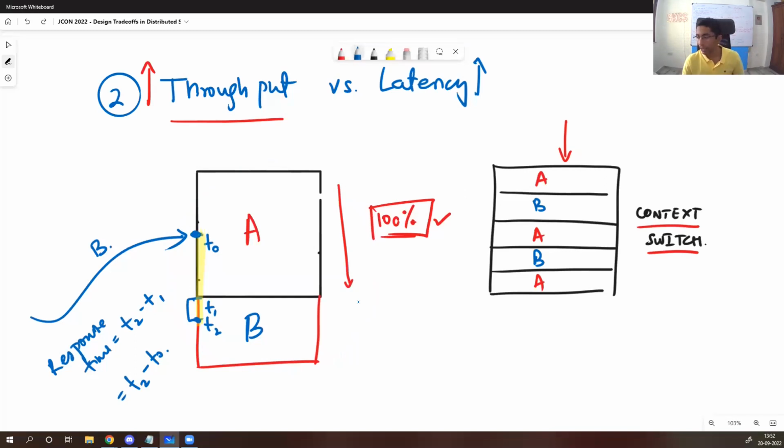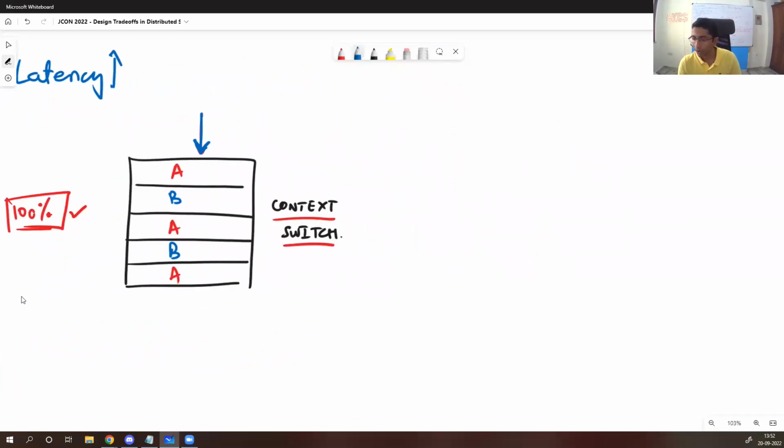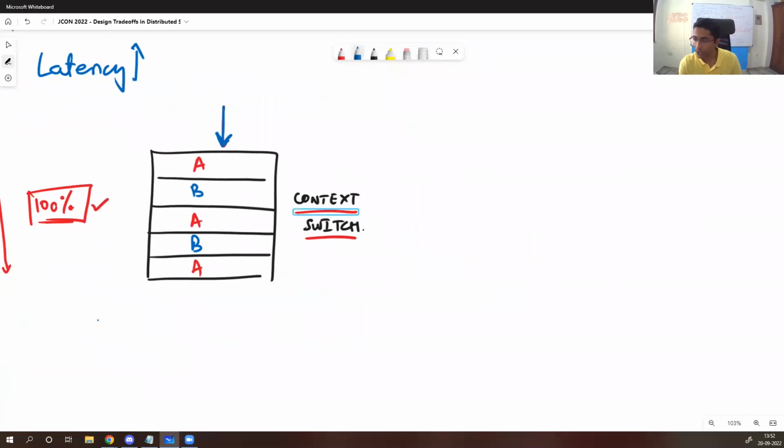To reduce latency, we can use this kind of an architecture, which is on the second part of the screen over here. When you do this, your context switching is high, but latency actually goes down, because when you get a request for B, and even if you land over here, this is T0, you can see T1 is happening much sooner.